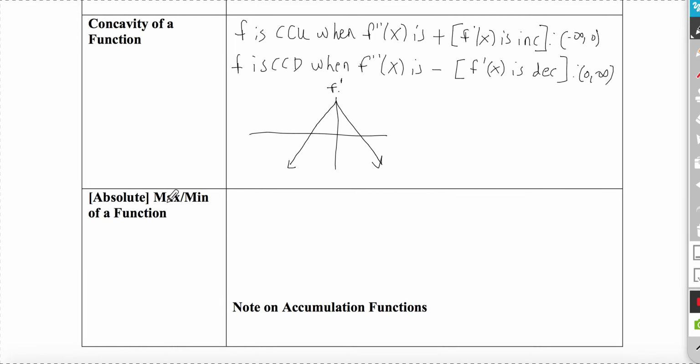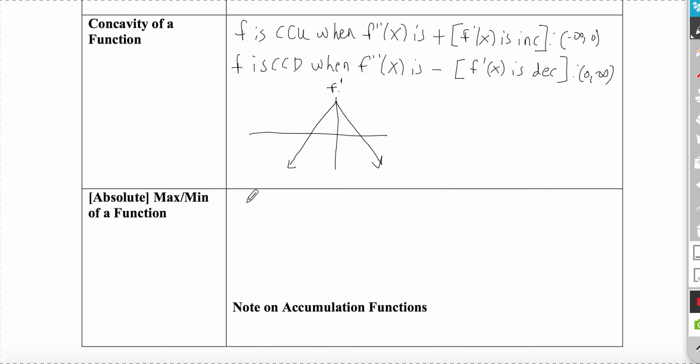Finally, talking about maximums and minimums of a function. I put absolute in brackets because you won't always in a problem be told absolute maximum or minimum. If it just says, what is the maximum or minimum, we assume that means the actual absolute maximum or minimum. Okay?